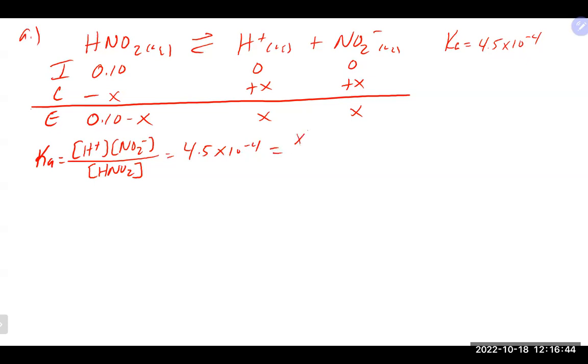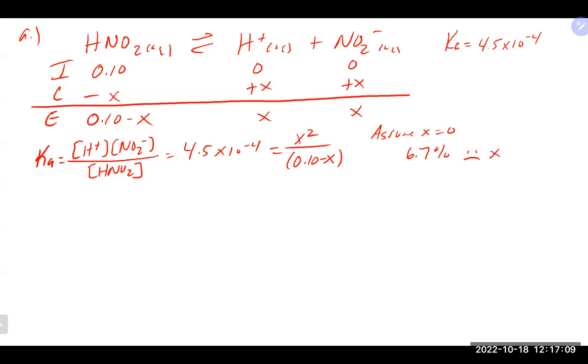Putting in our values gives us x squared over 0.1 minus x. We could assume that x is equal to 0. And if you did that, which I'm sure you did, and when you checked it, you got something like 6.7%, which made you feel really sad doing this problem last week when I assigned it, and know that the check is not good.